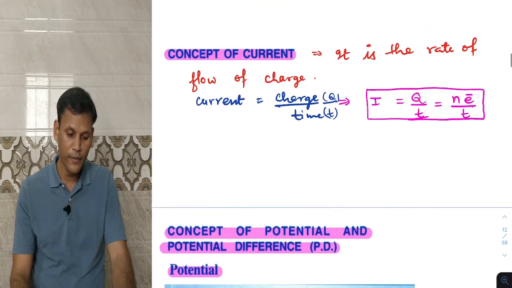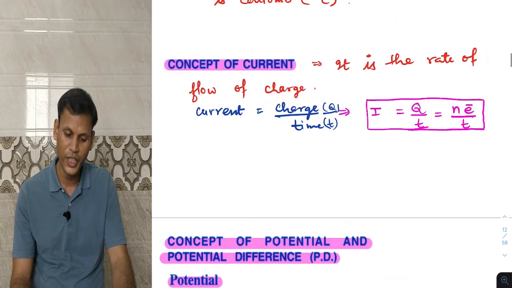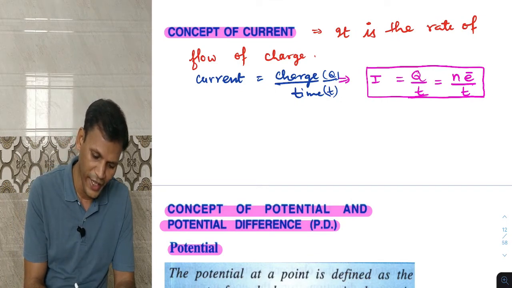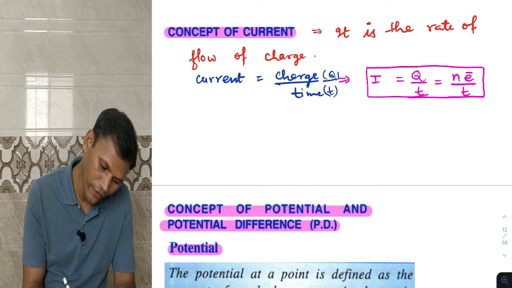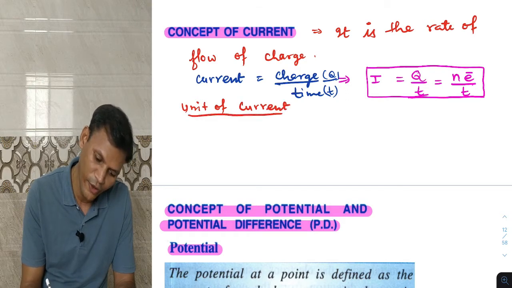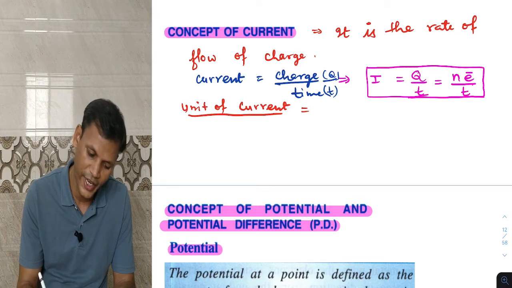Now next we can write the unit of current. What will be the unit of current? We have studied that current is the rate of flow of charge, which means charge upon time.